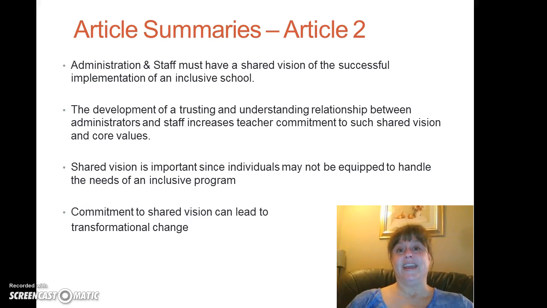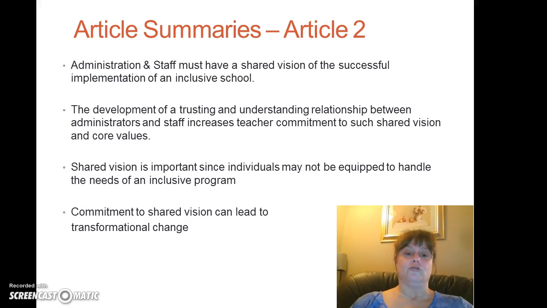And to obtain a successful inclusive school setting, it would be very difficult if the element of trust between the administrators and the teachers is not there. The shared vision is important since individuals may not be equipped to handle the needs of an inclusive program. It is different from anything that we've been used to in the past. And the commitment to shared vision can lead to transformational change.